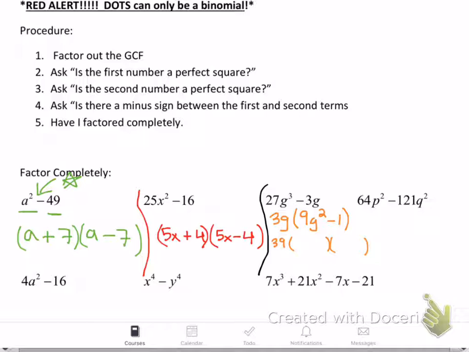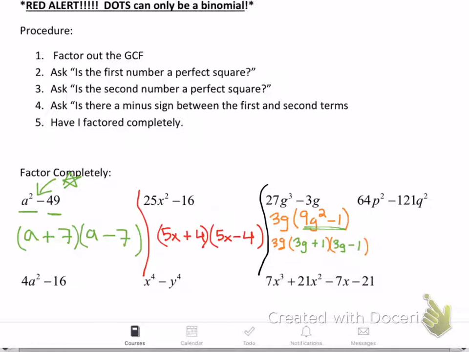Now if I look at 9g squared minus 1, 9g squared is a perfect square, so that turns into 3g, since that's the square root. And then the square root of 1 is 1. Since there's a minus in between, one of them is a plus and one of them is a negative. This first term looks like a 39, it's actually a 3g.